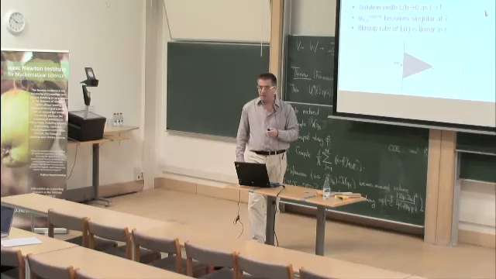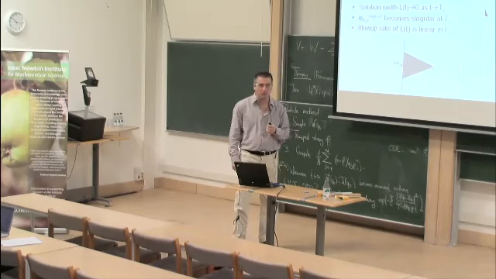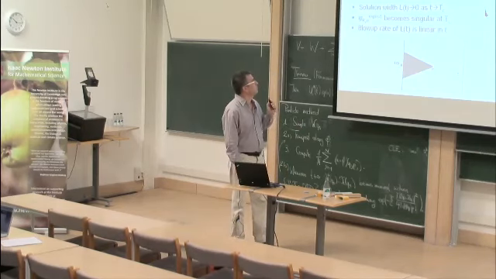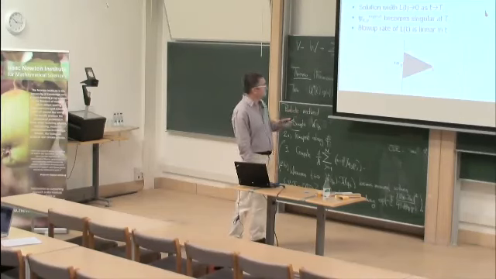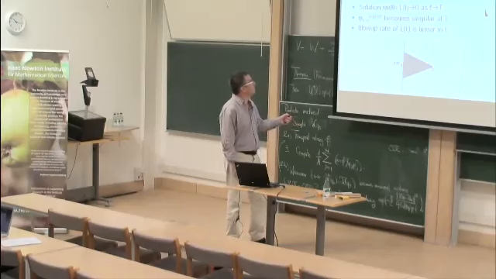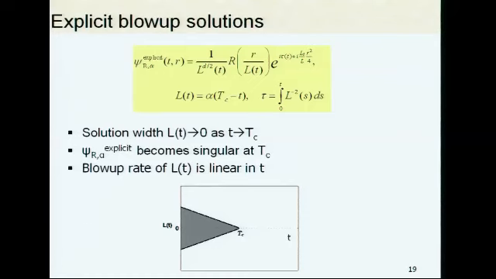The R profile can also be used to construct an explicit singular solution as follows. You take the R profile and you rescale the radial variable by some function L of t, which is linear in time. And then you use this L of t also to rescale the amplitude, to rescale the phase by 1 over L squared, and to add a quadratic phase term which corresponds to the focusing.